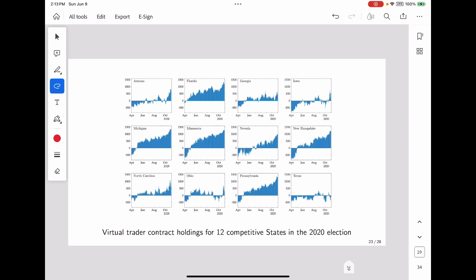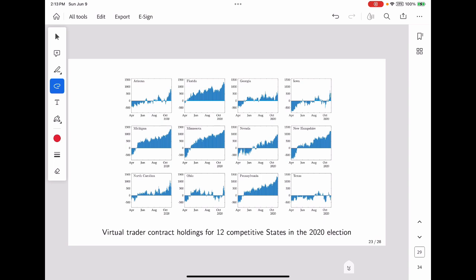Here you see the 12 other competitive states, and you see that many states were similar to Wisconsin. If you look at Florida, Minnesota, New Hampshire to some extent, and Pennsylvania, you see a similar pattern of trading. Initially pessimistic that the Democrat would win, or at least pessimistic relative to the market, and eventually flipping and accumulating a large position.